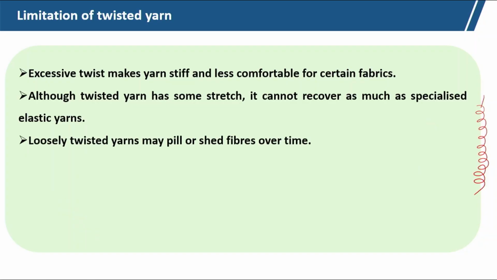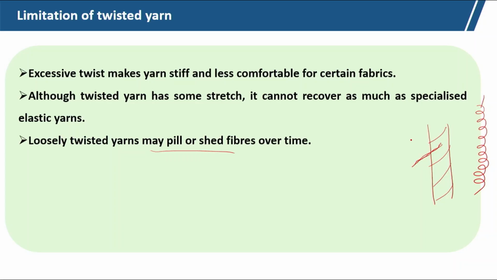Loosely twisted yarn may pill and shed fibers over time. So, like in woolens where loosely twisted yarns are used, that pilling takes place easily, because if you see the pilling behavior, one fiber is coming out from the structure core.